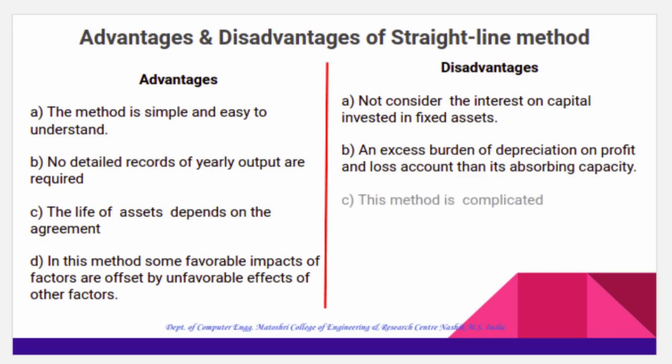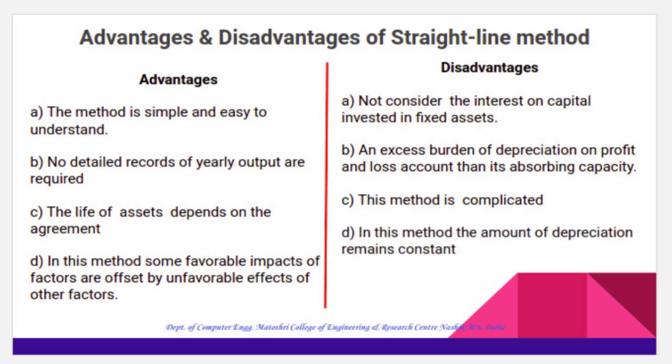Third, the method becomes complicated in case various machines are frequently purchased and sold. Another disadvantage is that under this method the amount of depreciation remains constant even during a period of inflation, when maintenance of capital becomes difficult. This method is not recognized by income tax authorities.